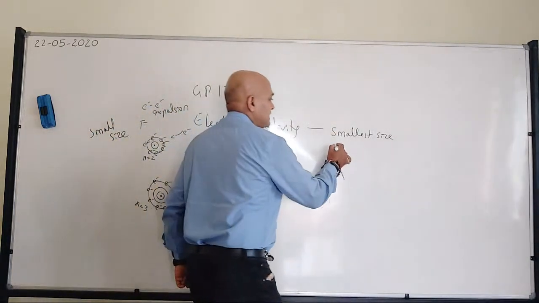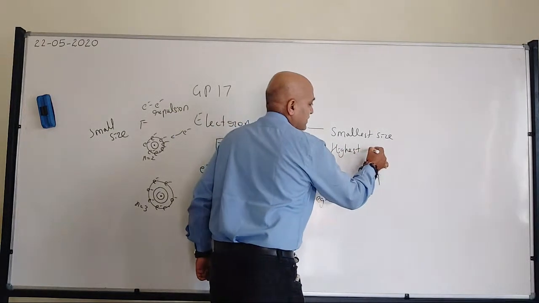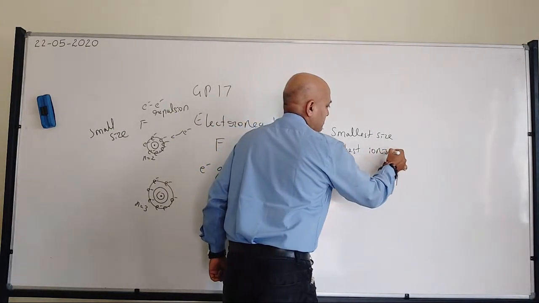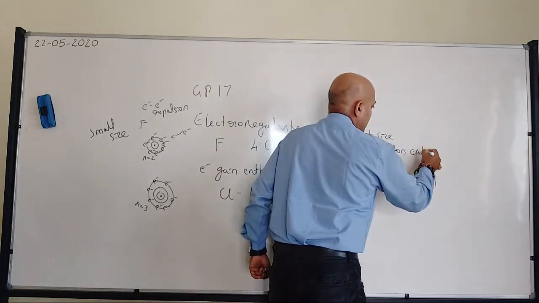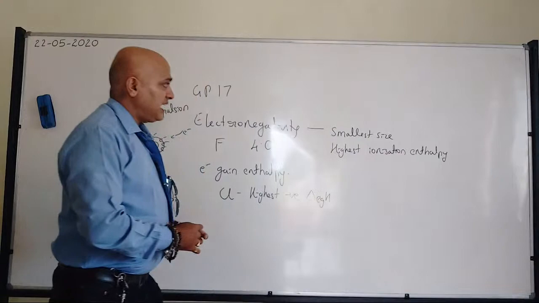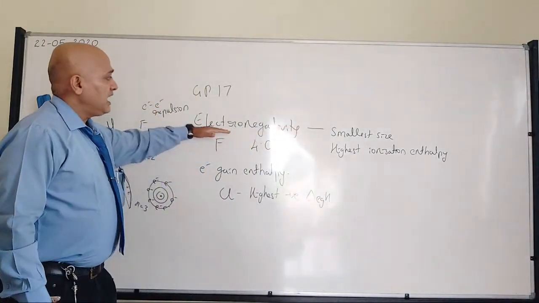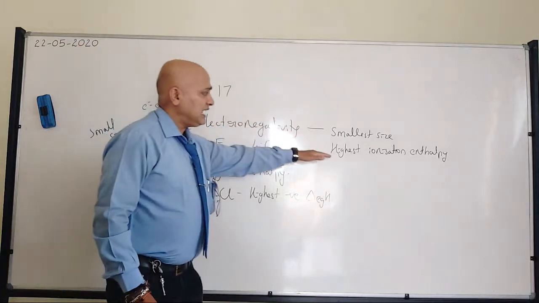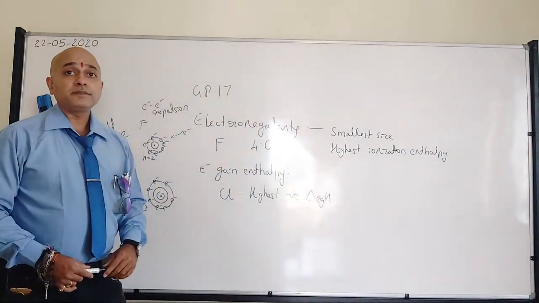So that's where the smaller size makes fluorine highly electronegative. And the smaller size will make fluorine have the highest ionization enthalpy. I am not talking about group 18. So highest ionization enthalpy. So smallest size is the one reason for the high electronegativity and highest ionization enthalpy of fluorine.